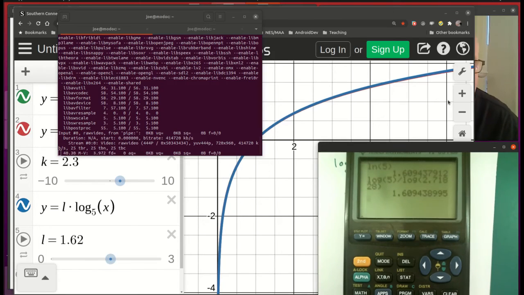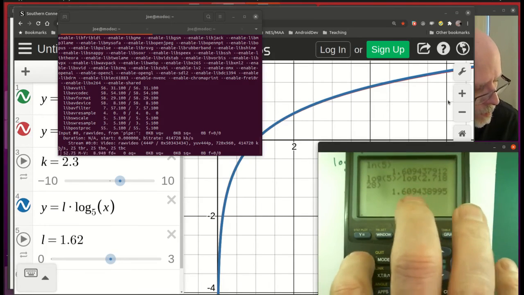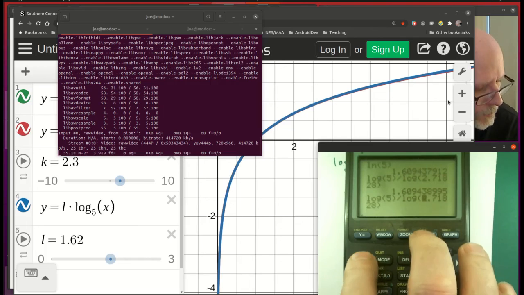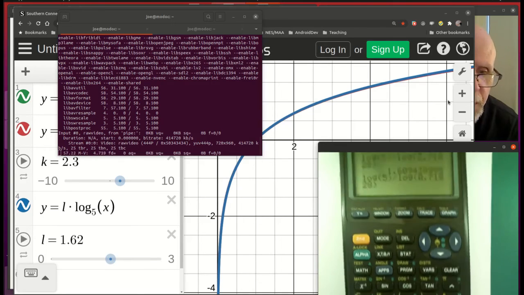Well, this is not quite the same number in all its decimal places because I only put in 5 of the decimals of e. If I was being a little smarter, which I should have done, let me try this a second time. Instead of putting in what I remembered of the decimals of e, I should have gone to the button for e, which is right over here on top of the division sign.